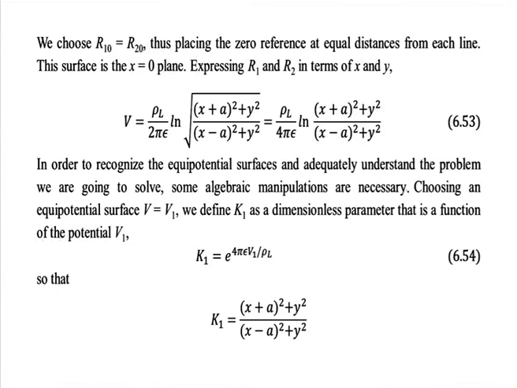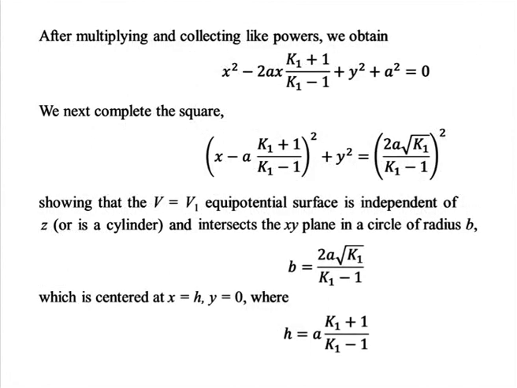We get the expression for K1 given by equation 6.54, so that K1 is equal to (x plus a) squared plus y squared upon (x minus a) squared plus y squared. After multiplying and collecting like powers, we obtain the first equation given at the top of the slide.